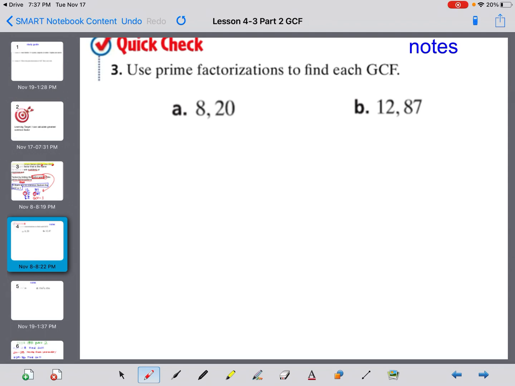Okay, so these first two, if you notice on your notes, it says make a list. So let's make a list of these factors so we can find the greatest common factor. Now would be a really good time to pause and list some factors.